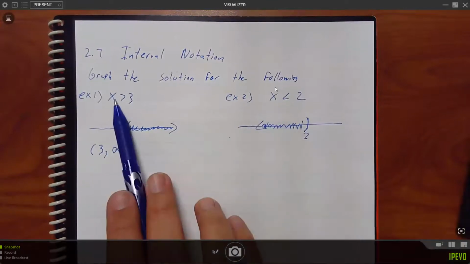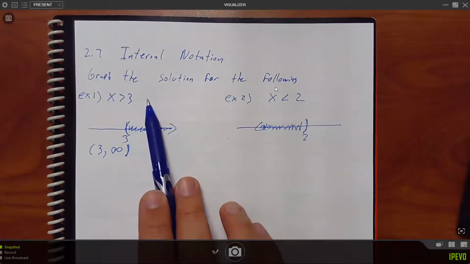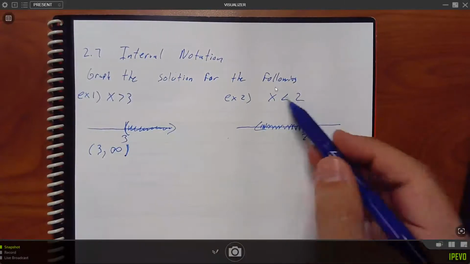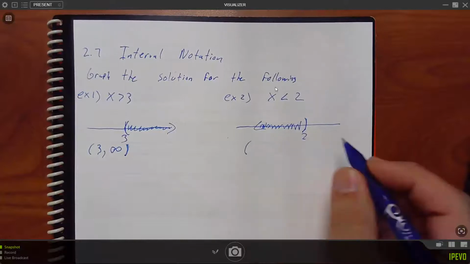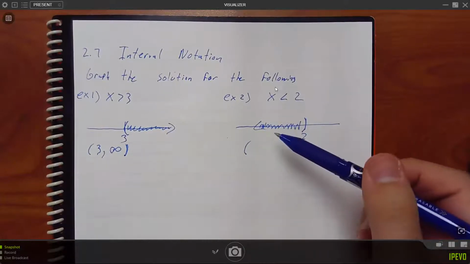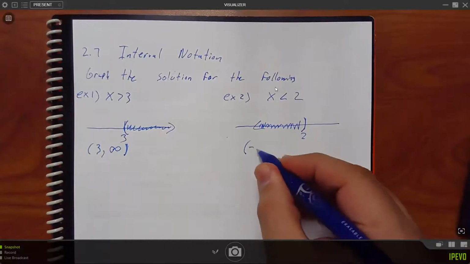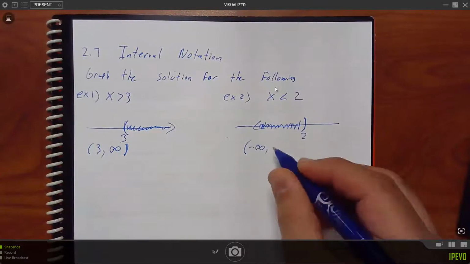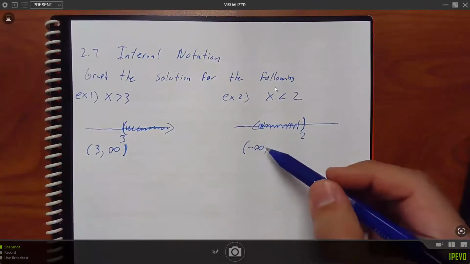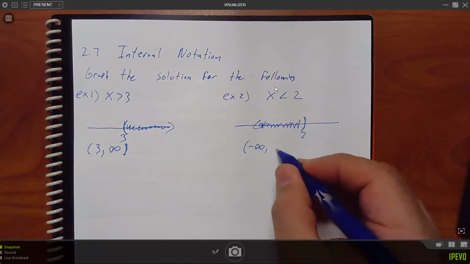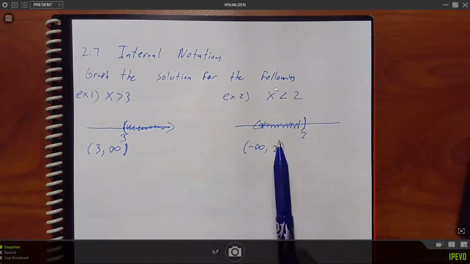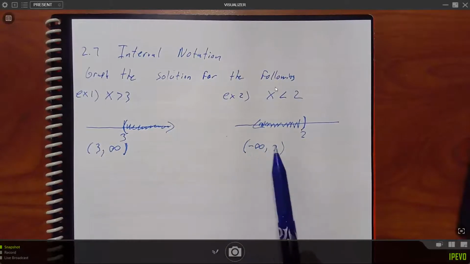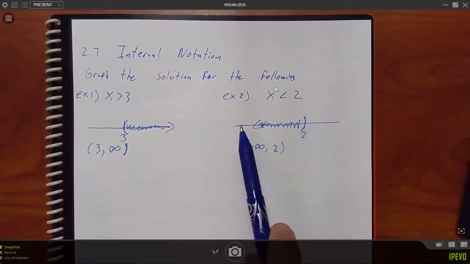But if the x is on this side, then you can't do that. x is less than 2, keeps going. So on this one, it keeps going to the left forever. So you're going to write the negative infinity symbol for this direction. And then the highest value is the second one, which is 2. So think of it as going from way out here all the way until 2. That's what this is saying.